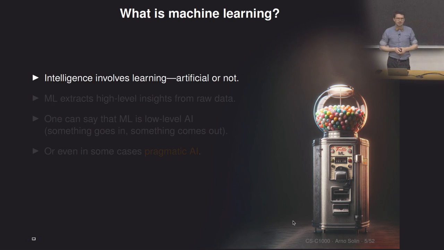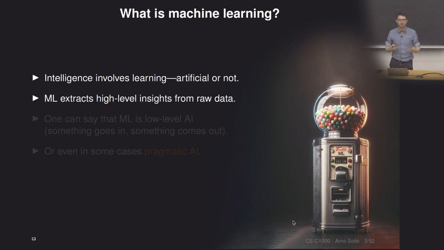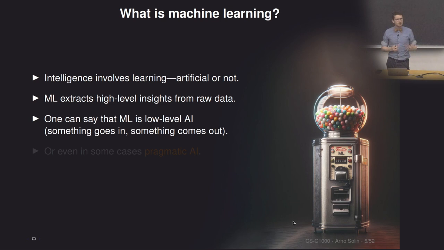Intelligence often involves learning, be that artificial or not, and we can say that machine learning extracts higher level insights from data, from observations. This means that one could say machine learning is some sort of lower level AI, some processing happening. Something goes in and something comes out.